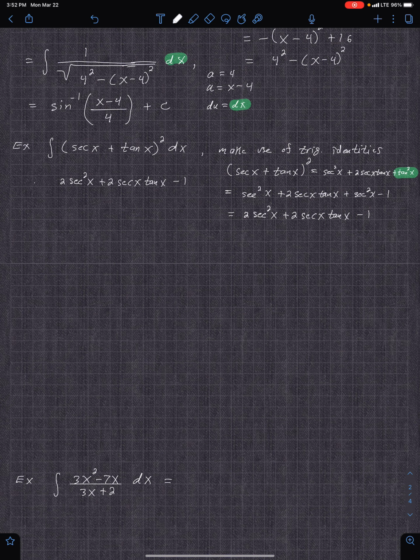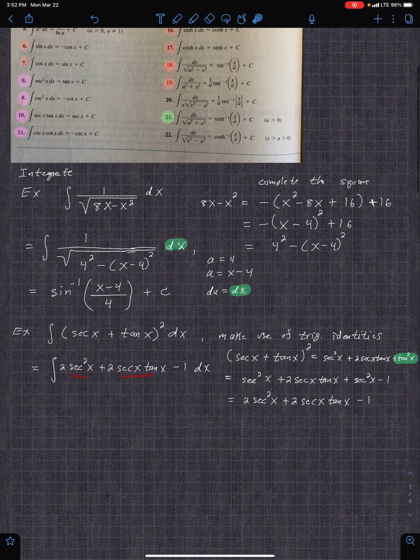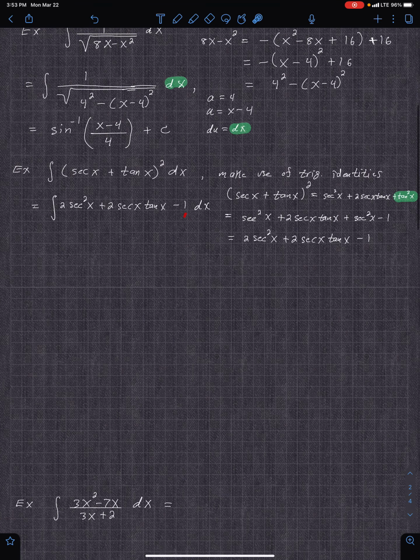So that's equal to the integral dx. And so now we're just doing secant squared and secant tangent, which, if you go back up here, we have secant squared and secant tangent. Now it's a form we can use, and then of course just a constant.